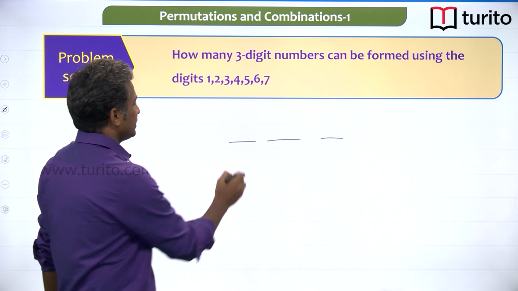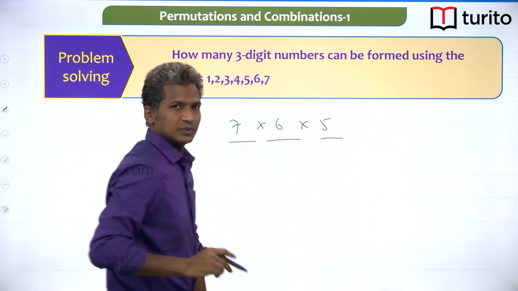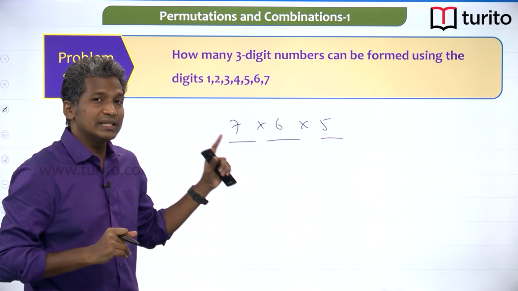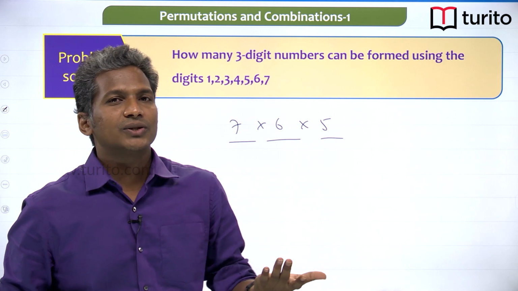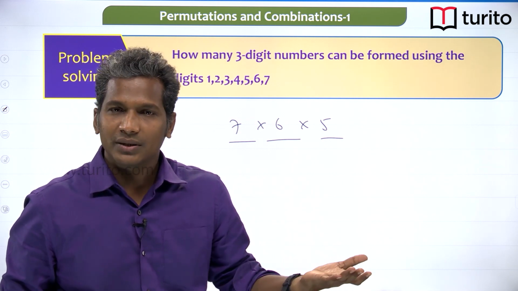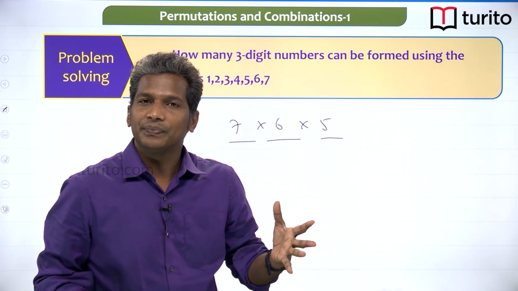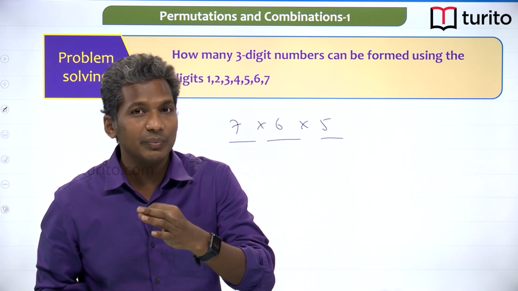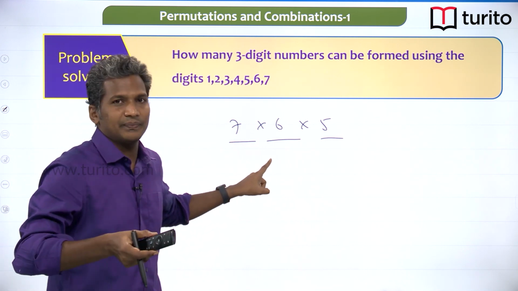You might be thinking that it is 7 into 6 into 5, but not so fast, because these are numbers. What happens in numbers? We can also get 2, 2, 3 as a number, 3, 3, 4 as a number, 4, 4, 4 as a number, which means digits could also repeat. But here what we did is without repeating.